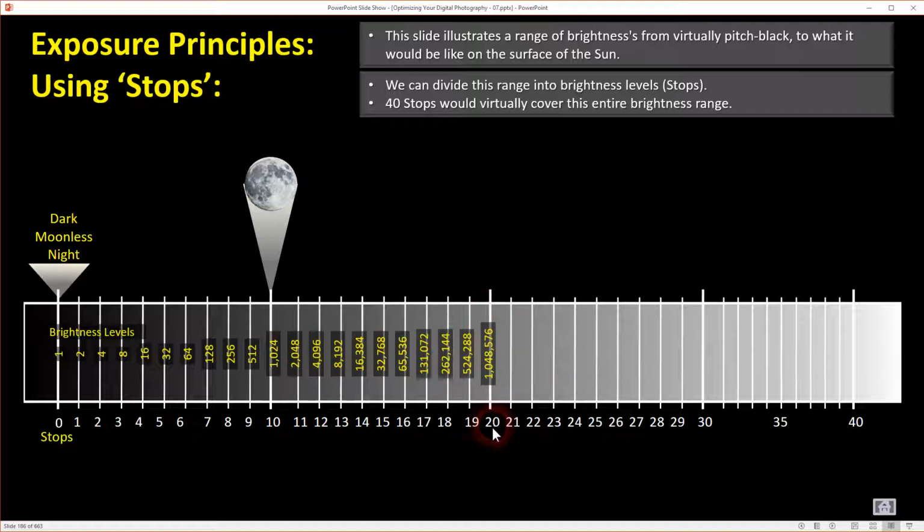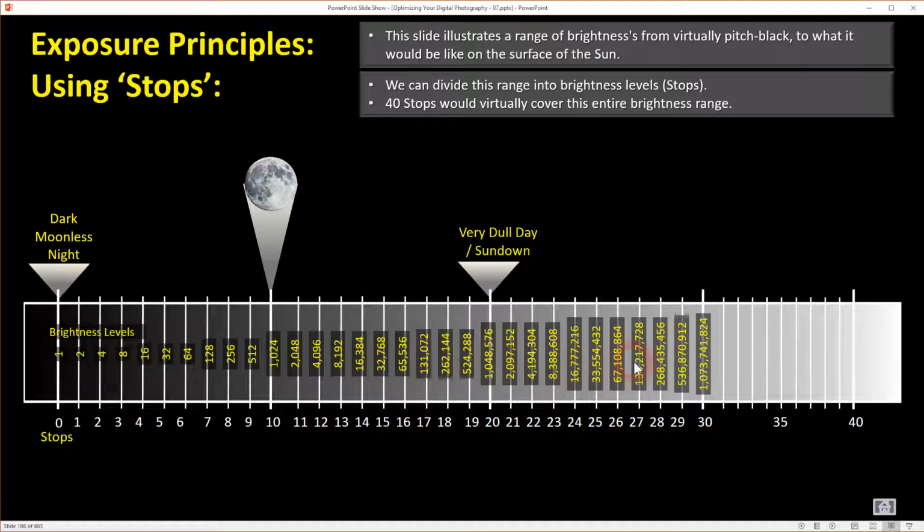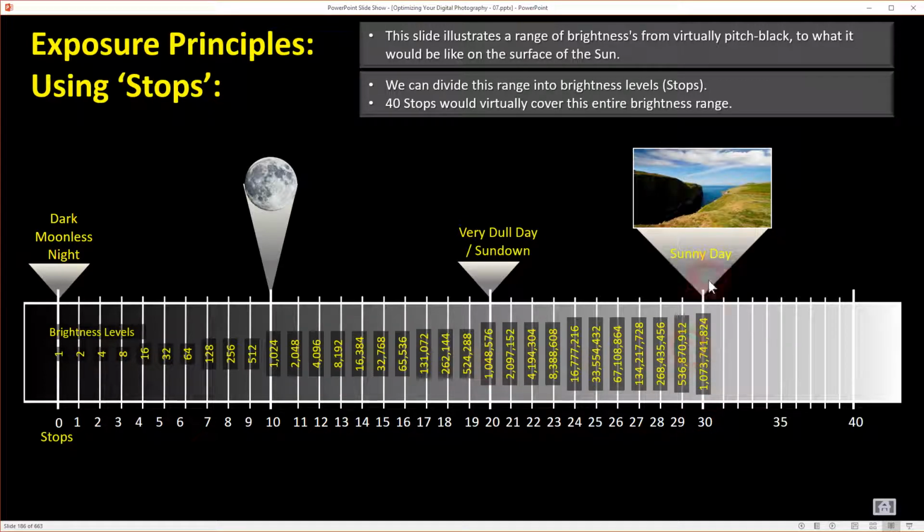By the time we get to 20 stops, we're 1,000,000 times as bright as what we started off at. And that's probably a dull sort of day or at sunset, sunrise. We can continue on, double, double, double, double, until we get to like 30 stops, which is the equivalent of a sunny day. Now by this time it is 1,000,000,000 times as bright as what we started off at, and that's only 30 stops.